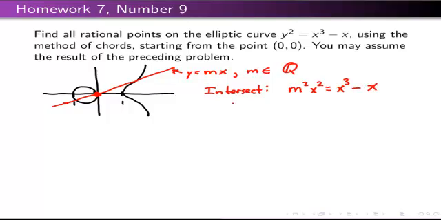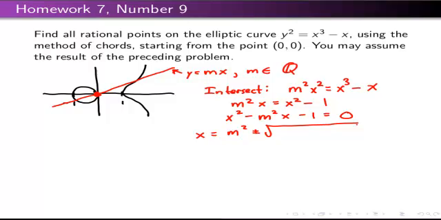So divide out an x. And we get a quadratic equation. So the solutions, we have b squared minus 4ac all over 2 times a, like that.